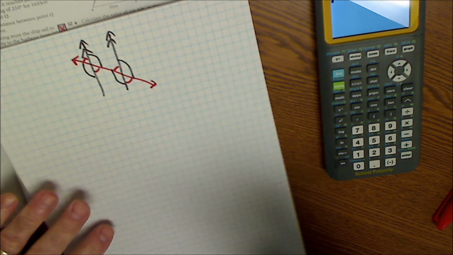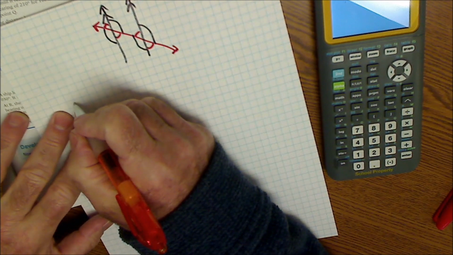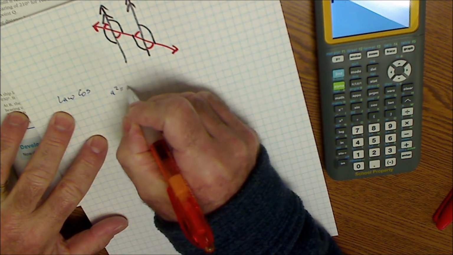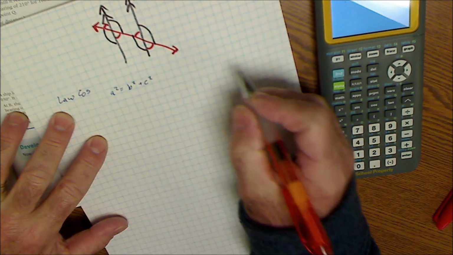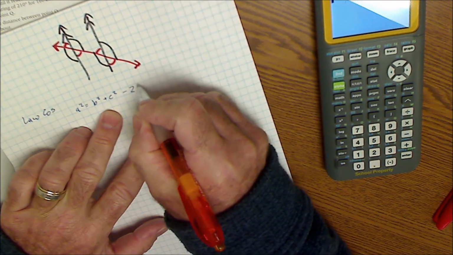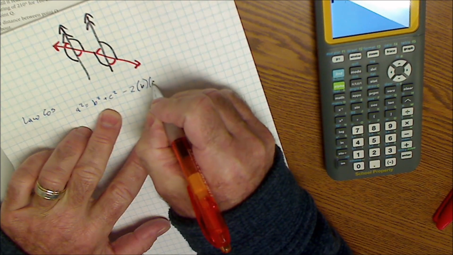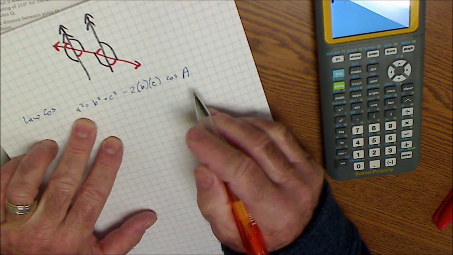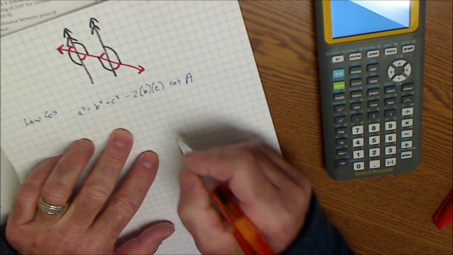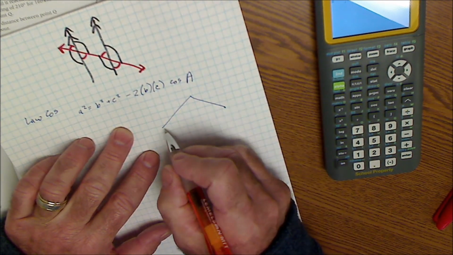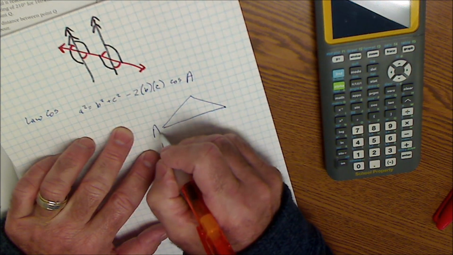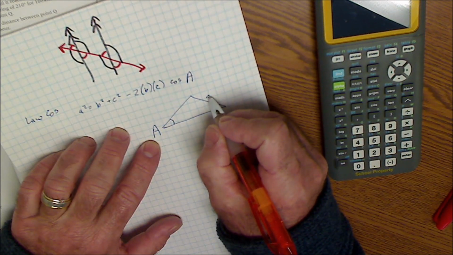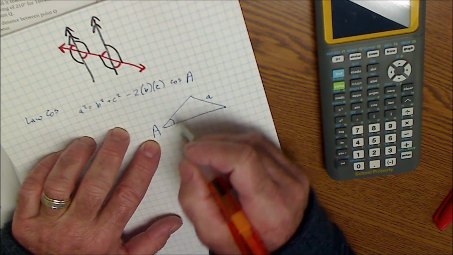Second thing you need to have in your notes is the law of cosines. Law of cosines is a squared equals b squared plus c squared minus 2 times b c cosine of the angle opposite that side. So cosine of A. 3 ways to write that. One of the keys to this equation is that you keep track that capital is always measure of an angle, lowercase length of a side opposite that angle.